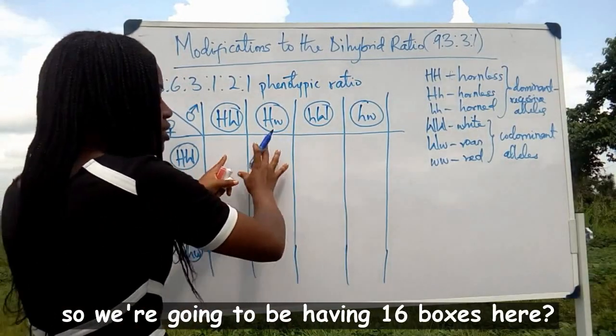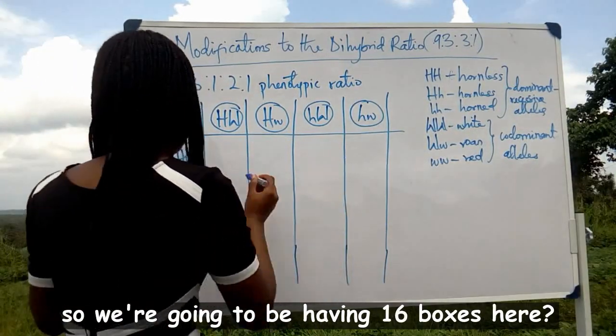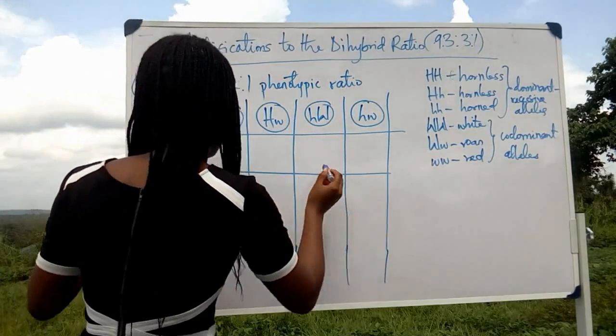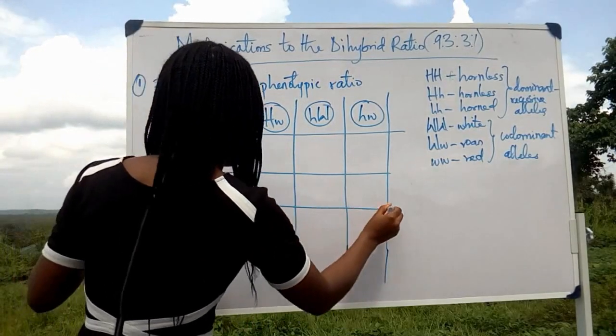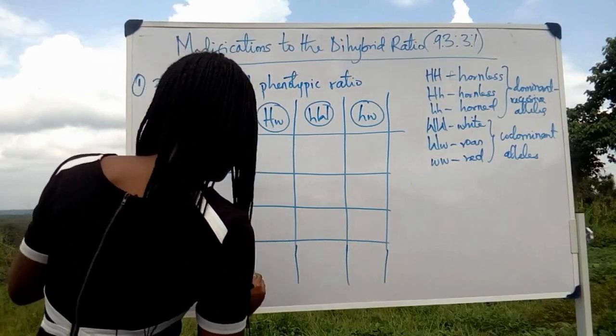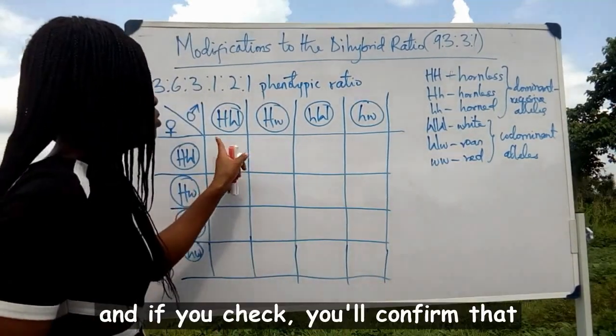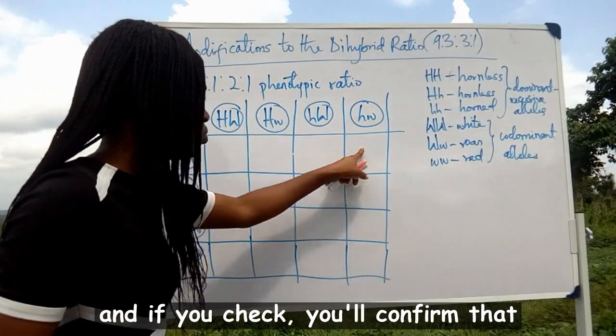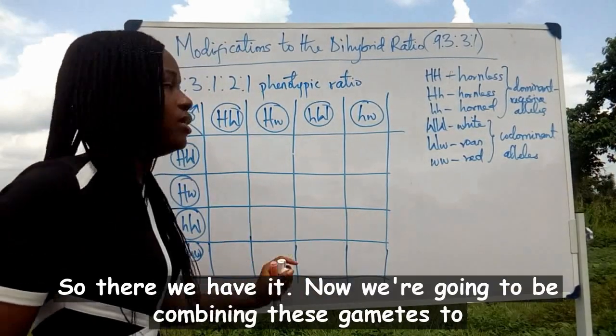So we're going to be having 16 boxes here. So if you check, 1, 2, 3, 4. Yes, 1, 2, 3, 4. So there we have it.